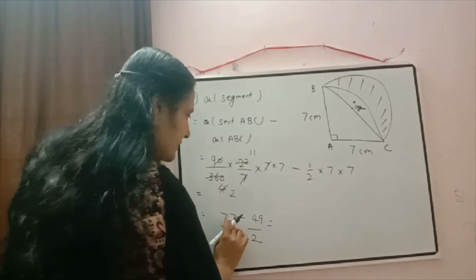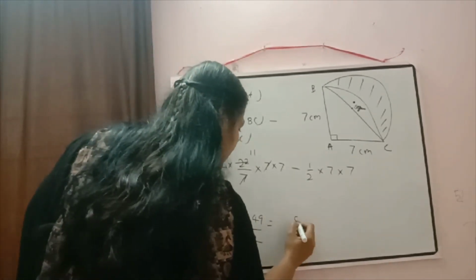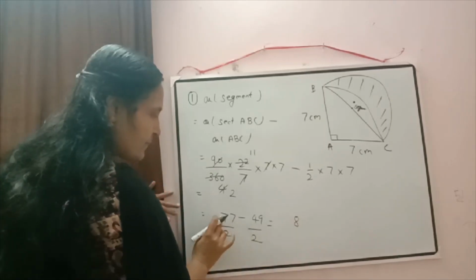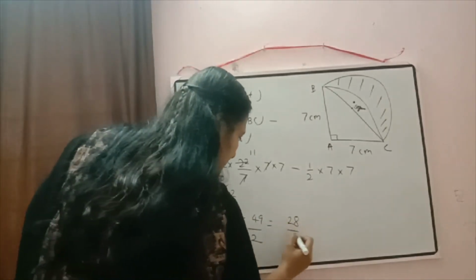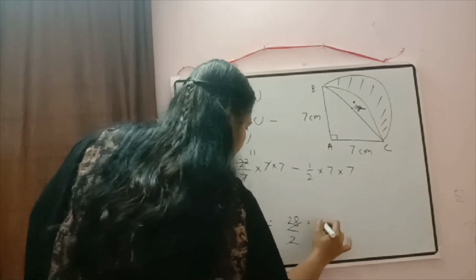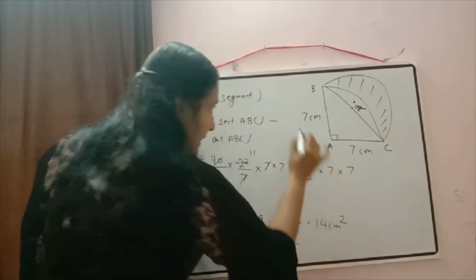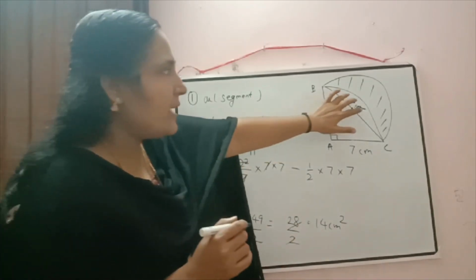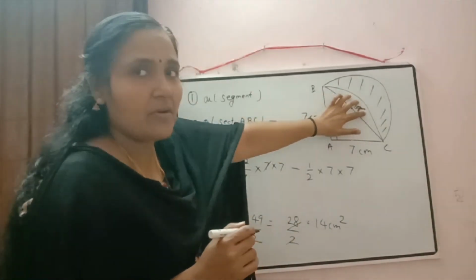Subtract: 77 minus 49 is 28. So 28 by 2, and we get area of segment is equal to 14 centimeter square. Area of this segment we got there.